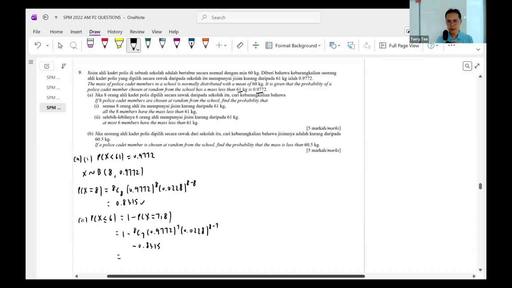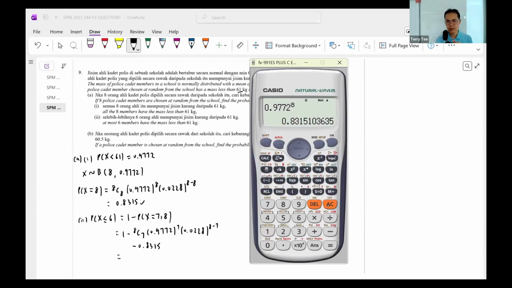Okay, so calculator, I will use this calculator first. I can show you another way, if you want. So this is 8C7, 0.9772 power 7. Then this one is 0.0228. I just mentally minus, 1 minus 0.9772 is 0.0228.